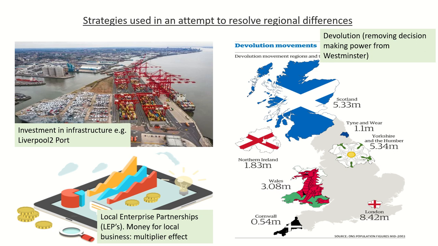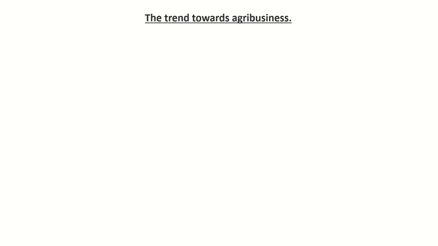Same with Scotland and Wales. They are given more power to make their own laws, to spend money how they want. The idea being that they can then focus on things that they need to improve rather than London deciding what's good for the rest of the country, basically. Those three things are attempting to resolve regional differences.